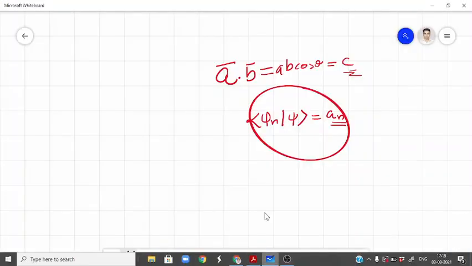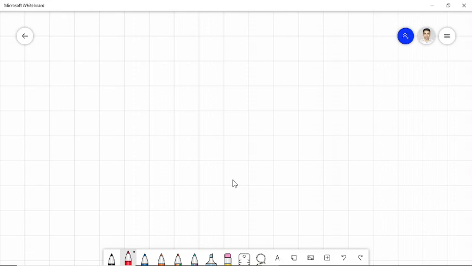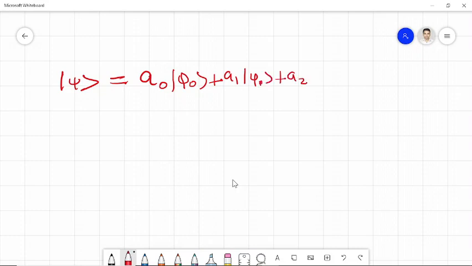If you have not understood it, again I can tell you that now we have expanded a ket vector psi equal to a0 phi 0 plus a1 phi 1 plus a2 phi 2, and so on, for an n-dimensional vector.